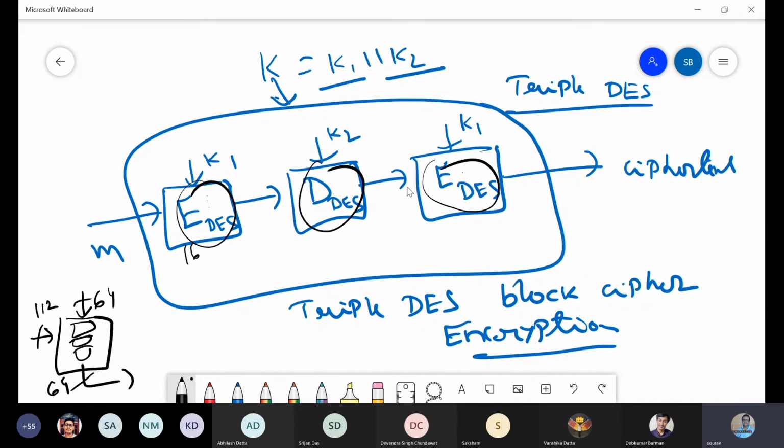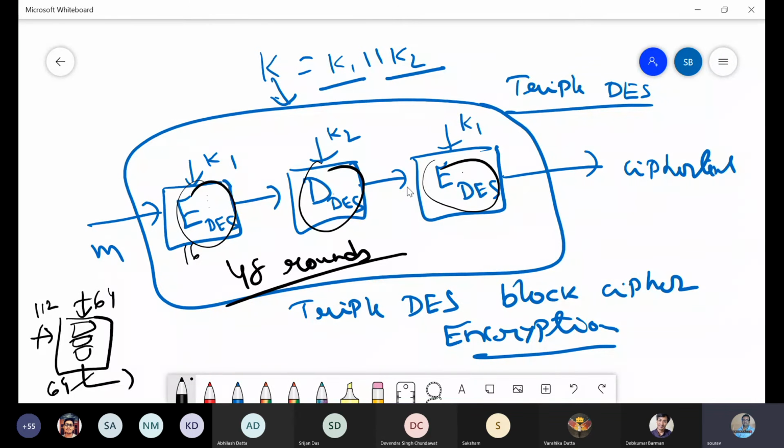So we have a total of 48 rounds, which is also huge and may take more time. But anyway, we have to increase the key size. So that was the first option people thought of.